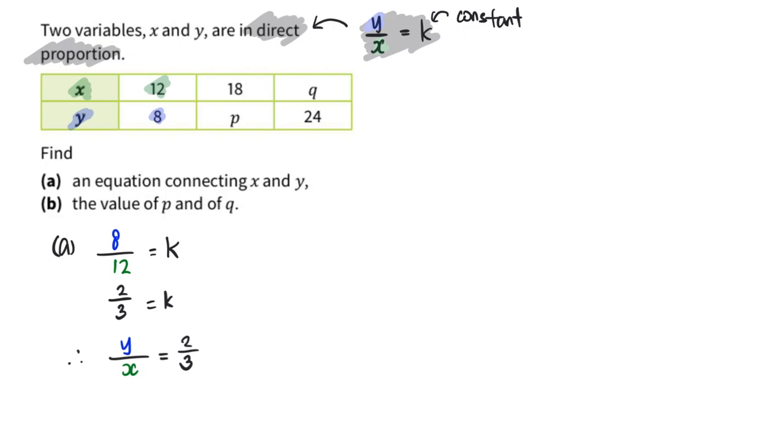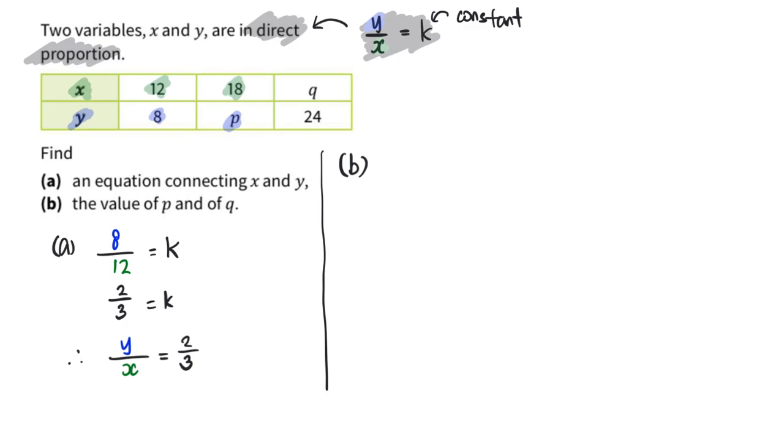Okay. With that, we would then be able to make use of this equation to find the values for P and Q. So for part B, the value of P is actually the value of y when x is 18.